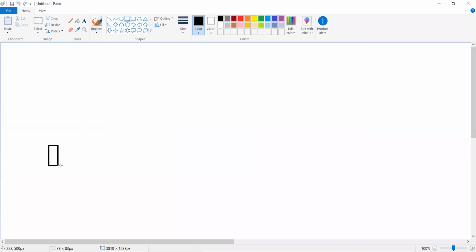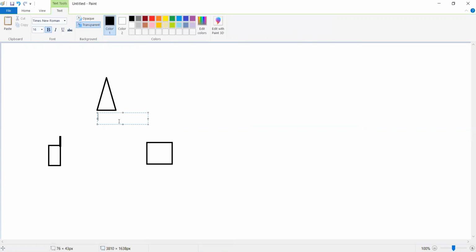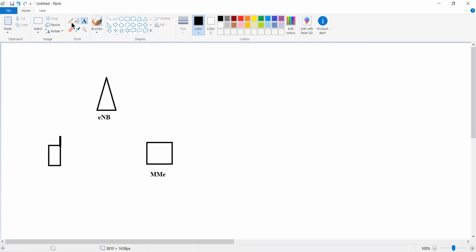Suppose this is our UE, and this is our eNodeB, and this is our MME. Whenever UE comes into connected mode, it will be RRC connected, right?